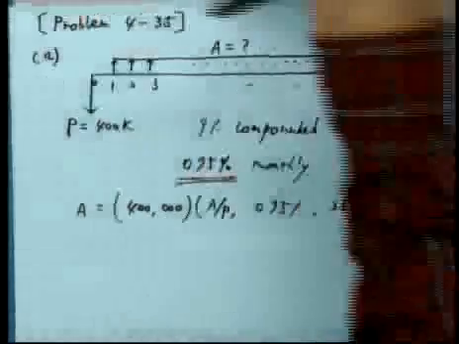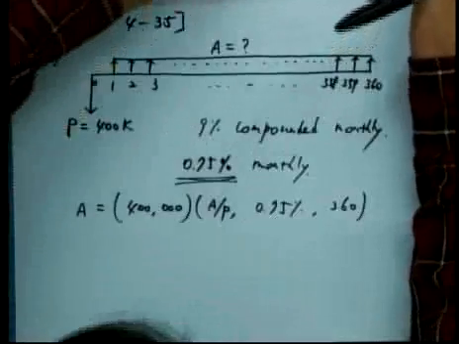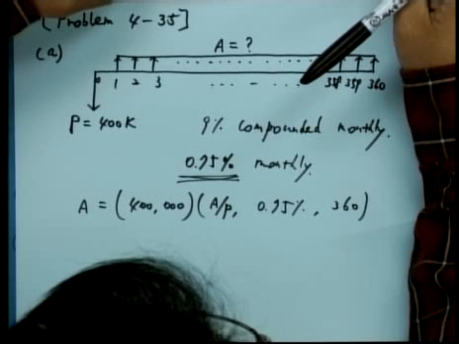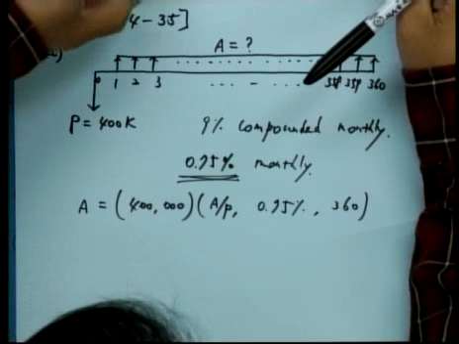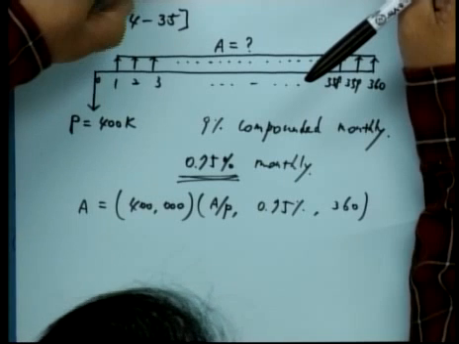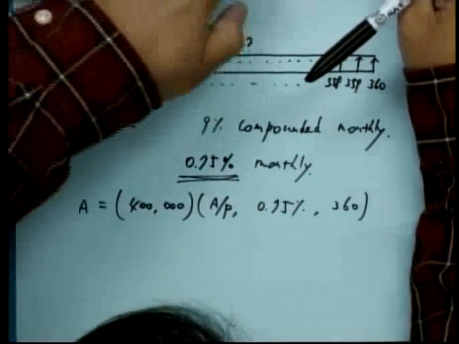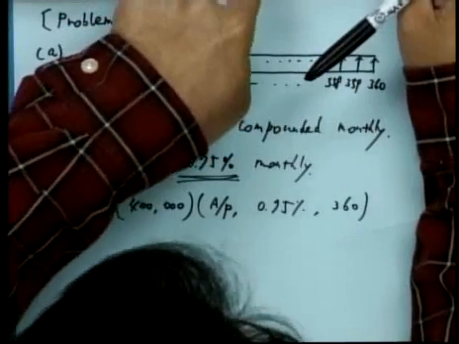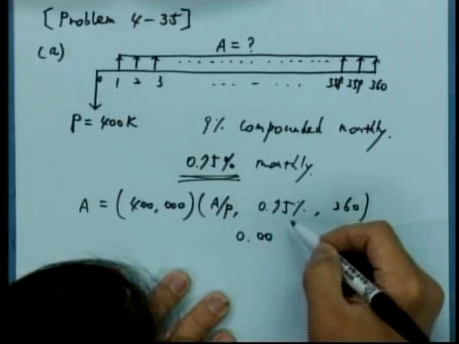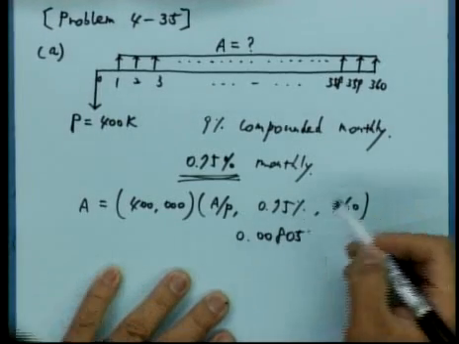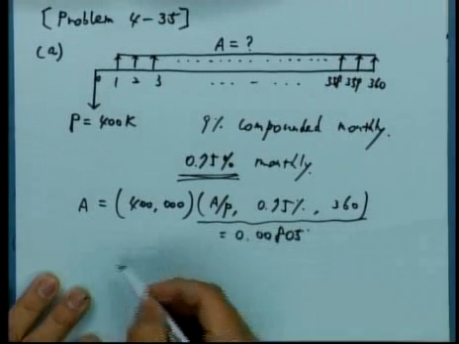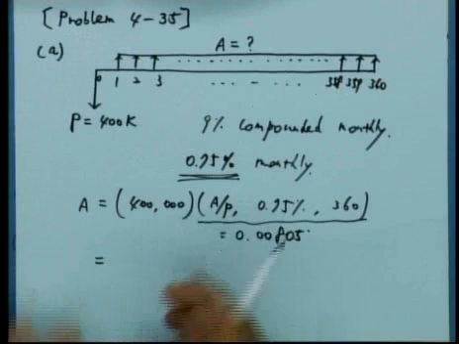Okay, we are looking for 0.75, so 3/4%. So you need to look at our text page 597. Okay, so they are providing this vector value. Okay, so A given P over 360 periods, that is 0.00805. Okay. So what is the value of A?